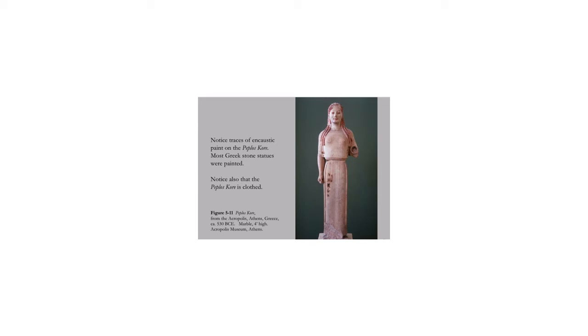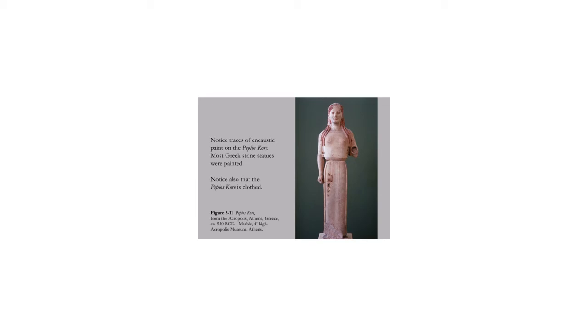The female version of this sculptural tradition is the kore, and here we see the Peplos Kore. We notice that there is a difference in coloration between the two. Originally, the statues that we see today, for the most part, and we'll look at some buildings that also feature color, were colored.